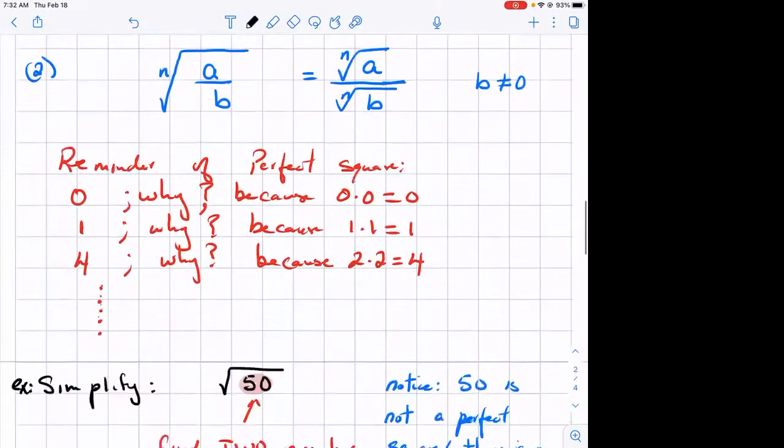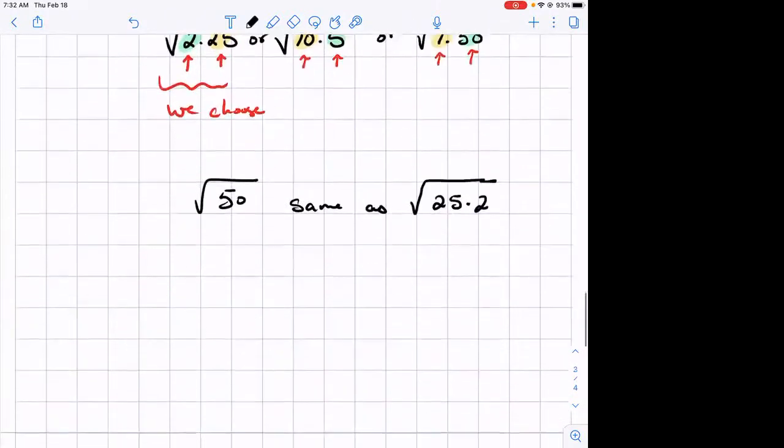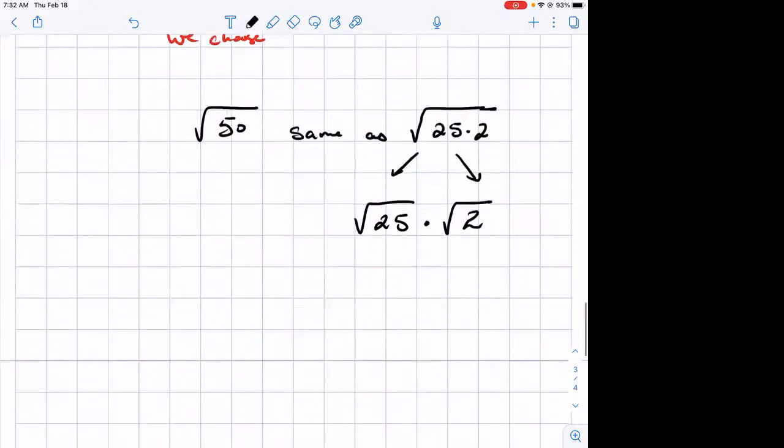So this is the same as the square root of 25 times the square root of 2. And we know that this is a perfect square. The square root of 25 is 5. The square root of 2 we don't know, so that just becomes square root of 2.